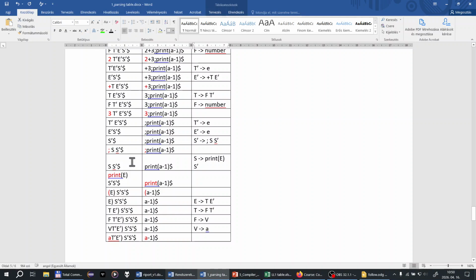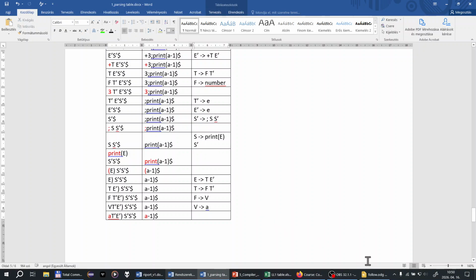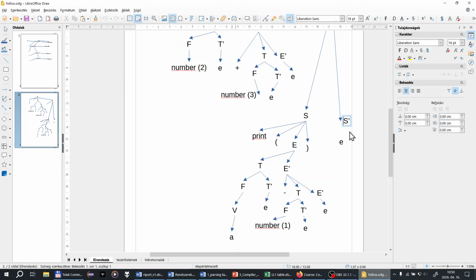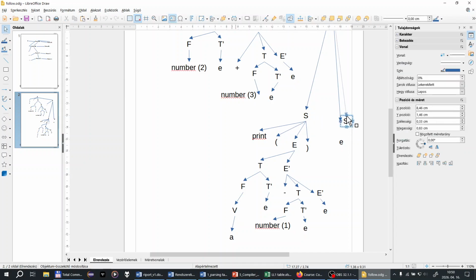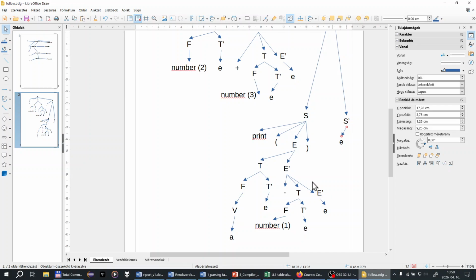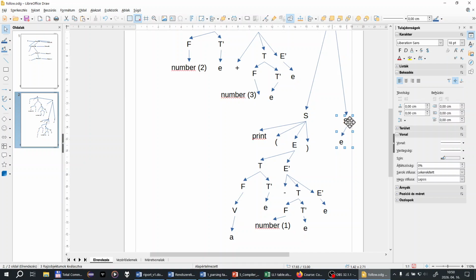S prime, print E S prime. So this S prime is missing from the graph. Print E S prime here. Okay. This is the only thing missing. So here we have S prime again.